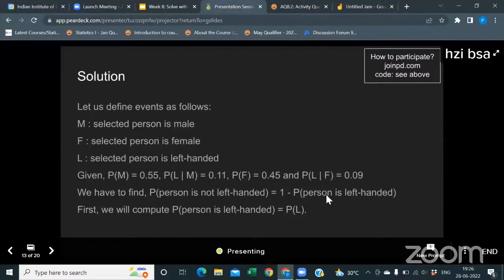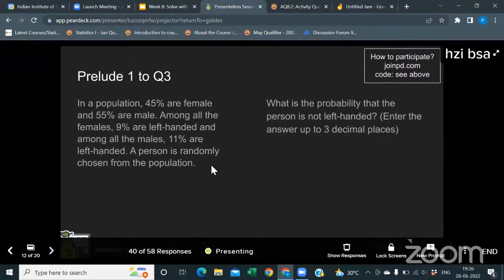Then I can do 1 minus the probability that the person is left-handed. Can I do that or not? Yes, sir. The probability of A complement is 1 minus the probability of A.